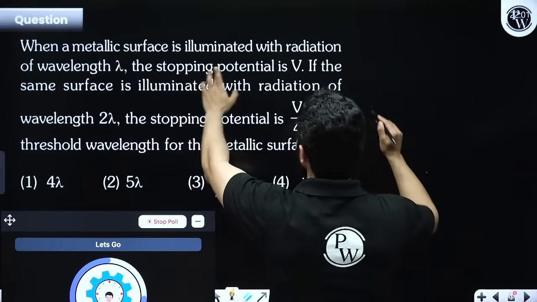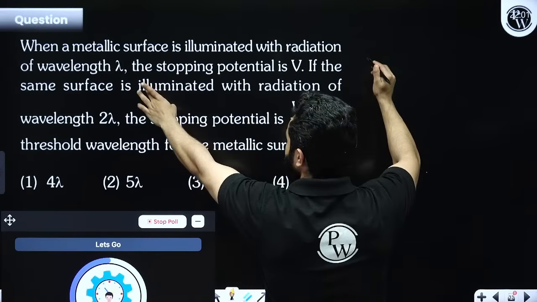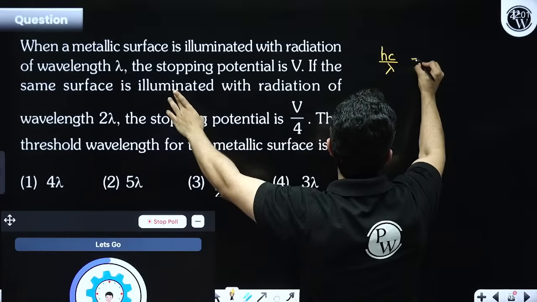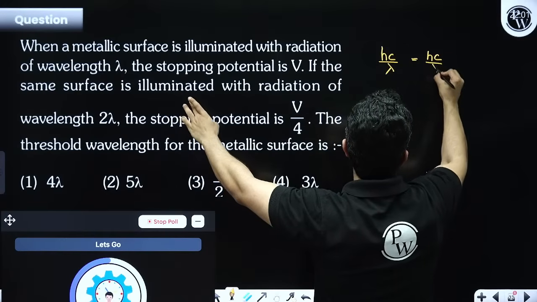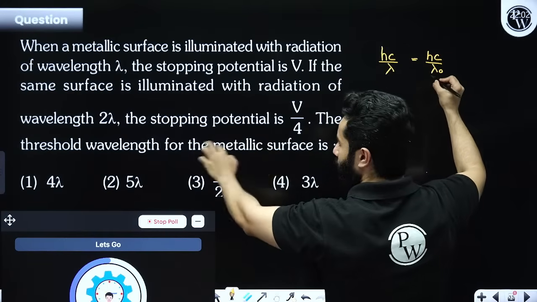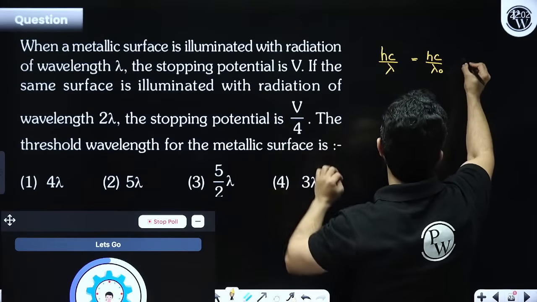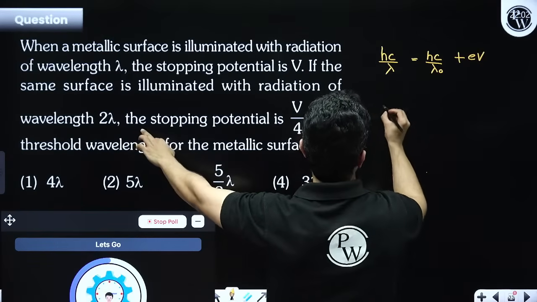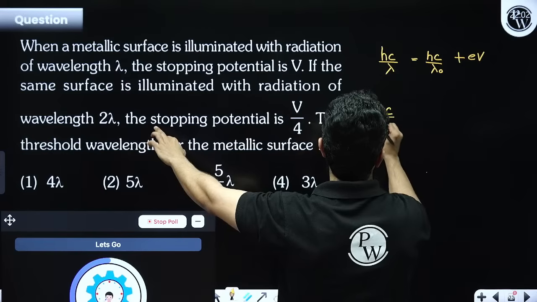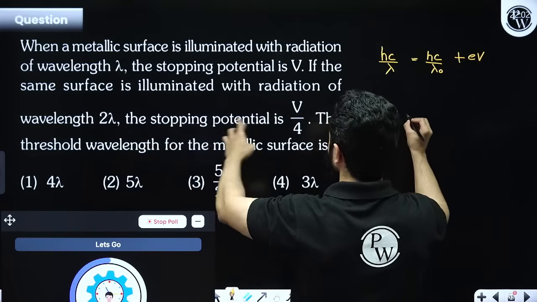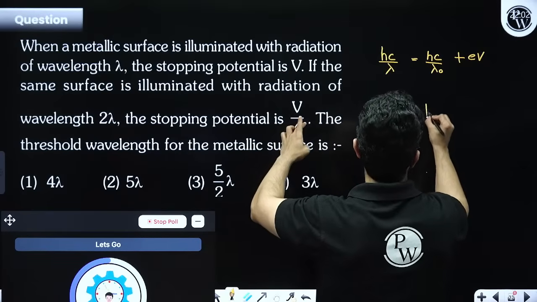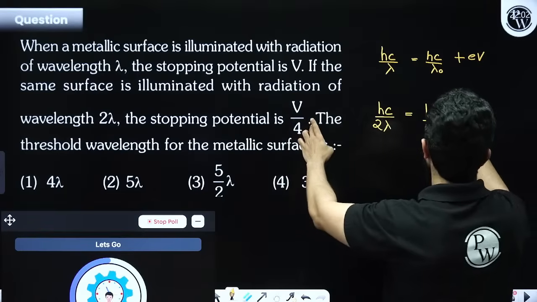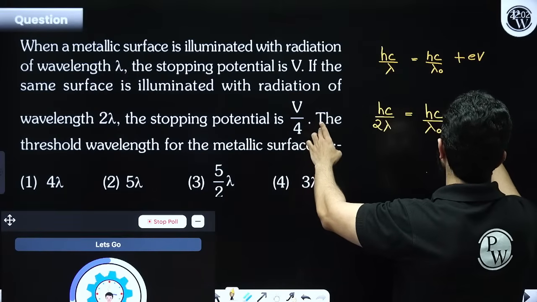First, when the radiation has wavelength lambda, hc by lambda equals hc by lambda naught plus eV, the stopping potential energy, because we want to find the threshold wavelength. Then when the radiation is changed to 2 lambda, the stopping potential will be V by 4, but the threshold wavelength will not change, and this becomes eV by 4.